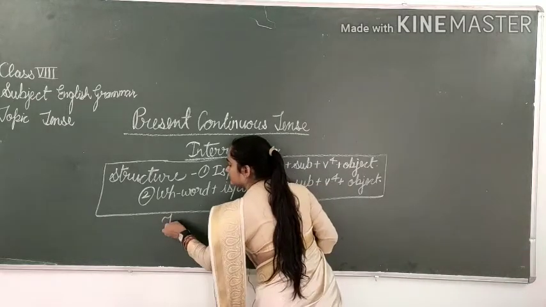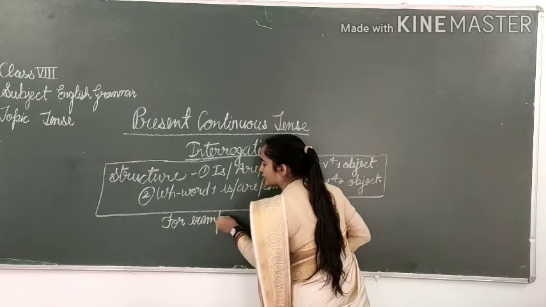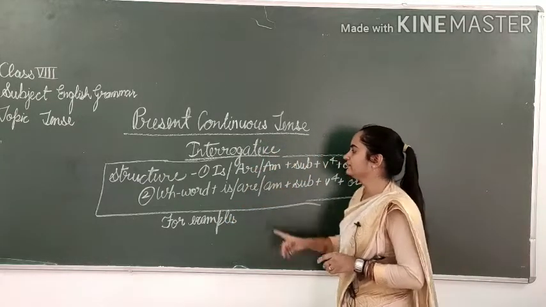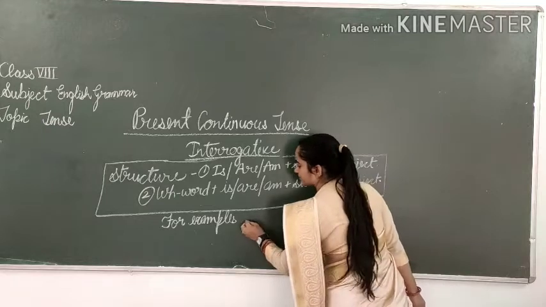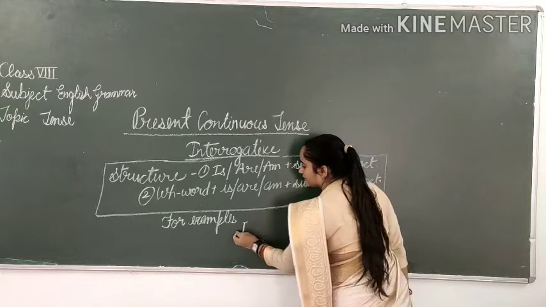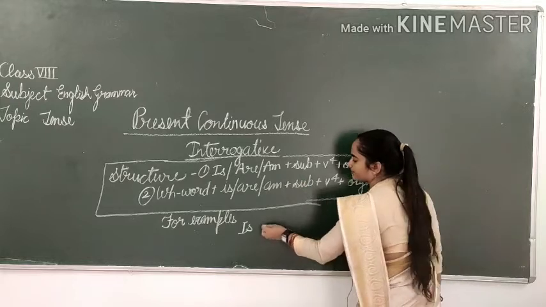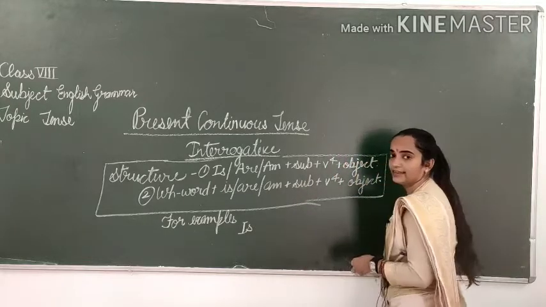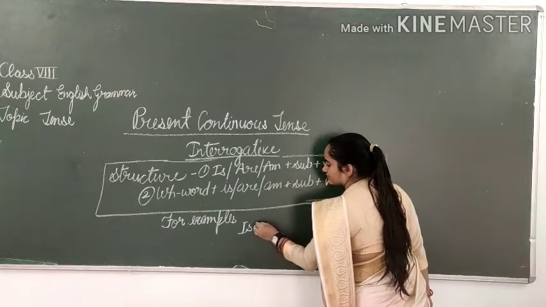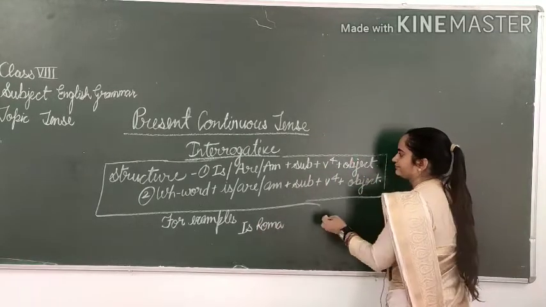For example, now we will start our sentence. We will frame our sentence according to this structure. Firstly, what will we take? Is or are or am according to your choice. Suppose I have taken is, then subject he, I, they. What will become? Singular subject. Is Roma.